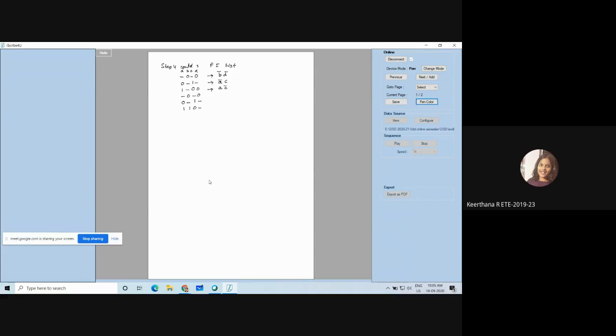A, C bar, D bar. Correct. Whichever was not grouping will give me a 3 variable term. Whichever could group will give me a 2 variable term. Now this one is a repetition, that is B bar D bar, which we will not take because it is already taken.